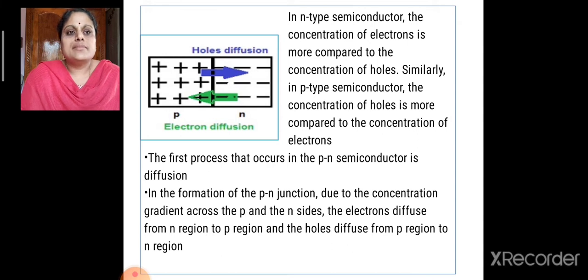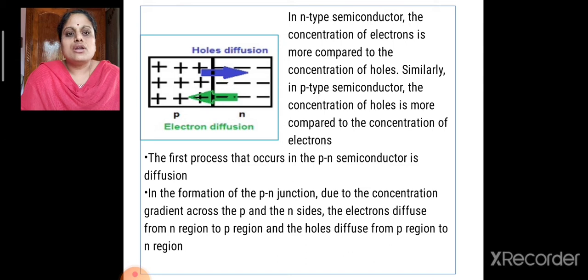In n-type semiconductor, the concentration of electrons is more compared to the concentration of holes. Similarly, in p-type semiconductor, the concentration of holes is more compared to the concentration of electrons. The first process that occurs in the PN semiconductor is diffusion.